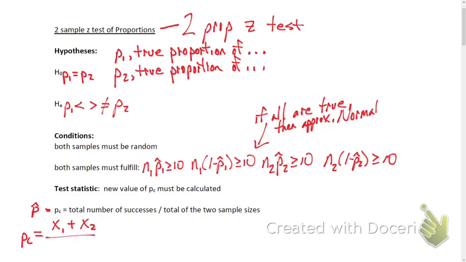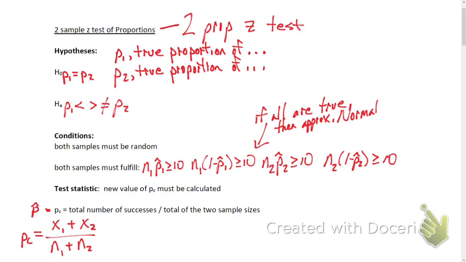It's the combined proportion. And the best explanation I can give on what that is, it's because we're assuming the proportions are equal in the null. So that's part of our hypothesis. So that means the proportion, in theory, is all successes over all sampled subjects, combined proportion.